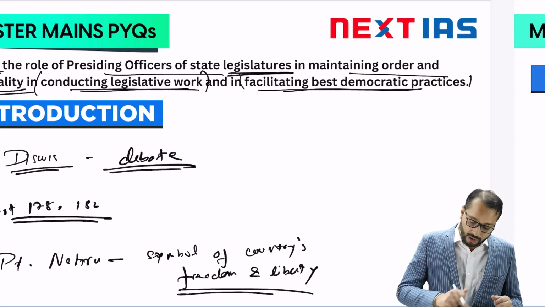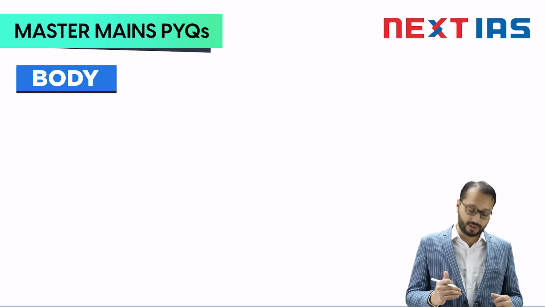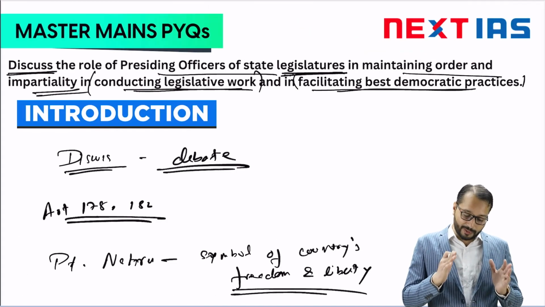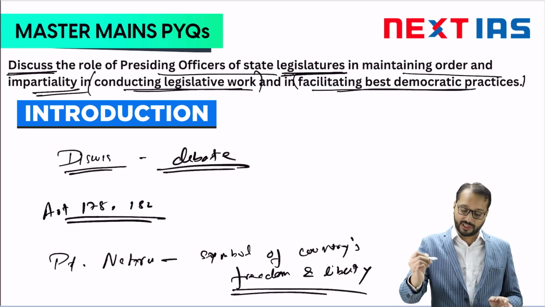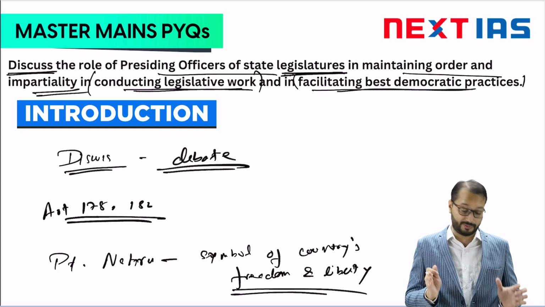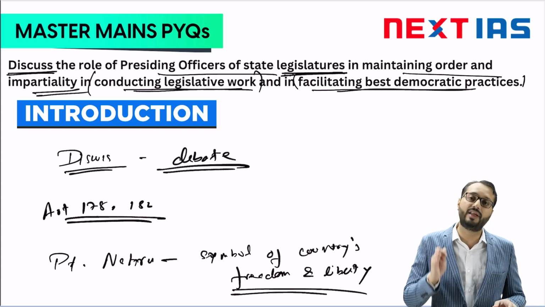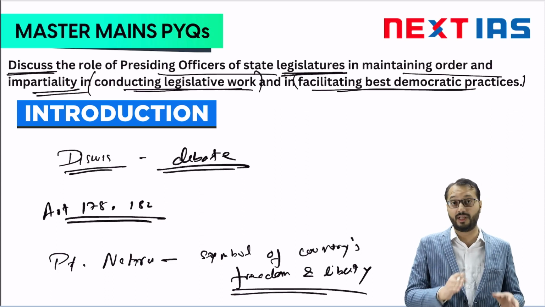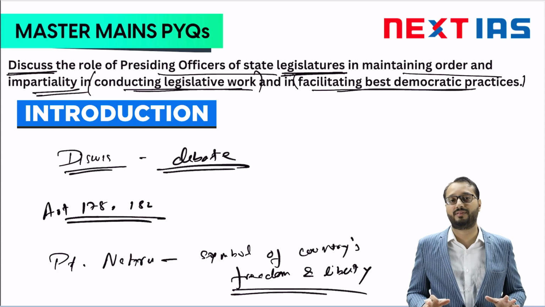So moving on to the body of the question. If you look at this particular question, it is talking about the role of the presiding officers in maintaining order and impartiality across two different aspects. One is conducting legislative work and the other is facilitating best democratic practices. And we also need to bring out the issues in this regard, right.